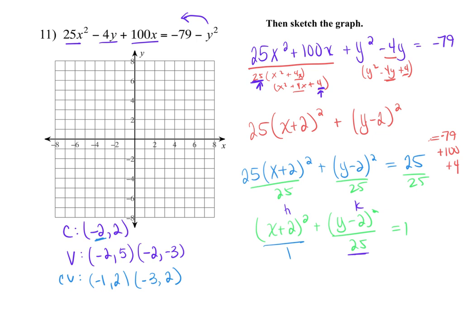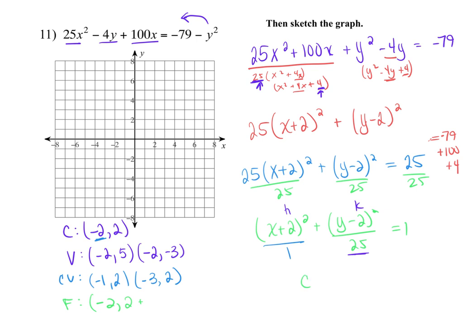And then it wants my focal points here. All right, those will always be on my elongated axis. So whatever I moved with my vertices, that's what I'm going to move with my foci. So that means I'm going to leave the negative 2 there in my x. I'm going to take that positive 2 and I'm going to add and subtract c. In this case, c squared is a squared minus b squared.